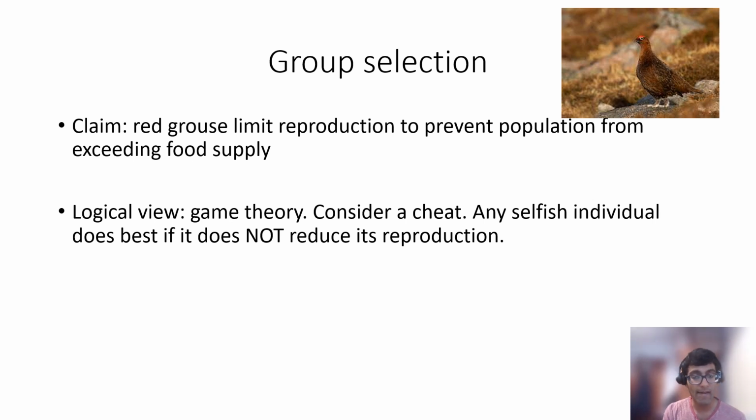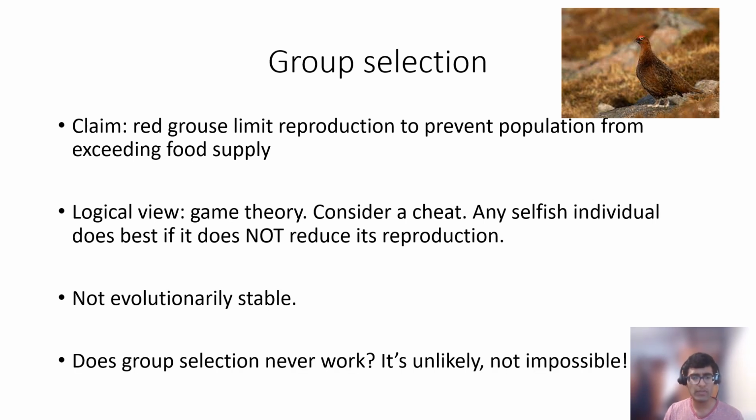And so selection at the level of the individual might outweigh selection at the level of the group. And what we would therefore say is that the behavior of limiting reproduction when there are food shortages is not evolutionarily stable, because a cheat can invade and that gene could spread through the entire population.